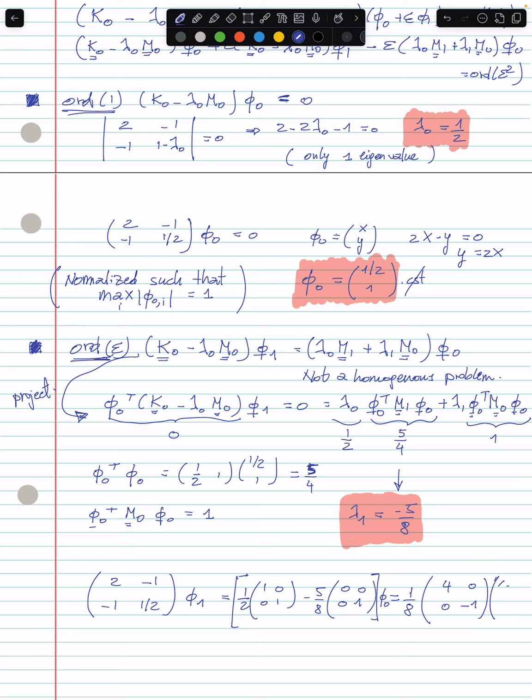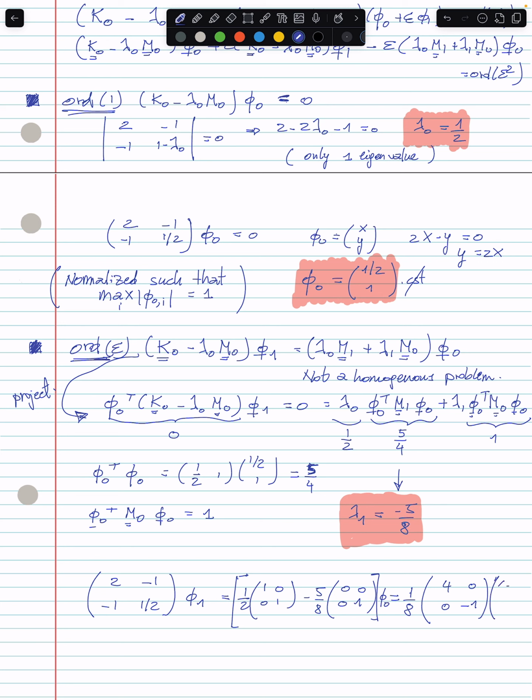And this needs to be now multiplied by phi 0, which is 1/2, 1. All right, so the right hand side here is 1/8 multiplied by 4 times 1/2, that's 2, and minus 1. All right, and you see that this makes sense.